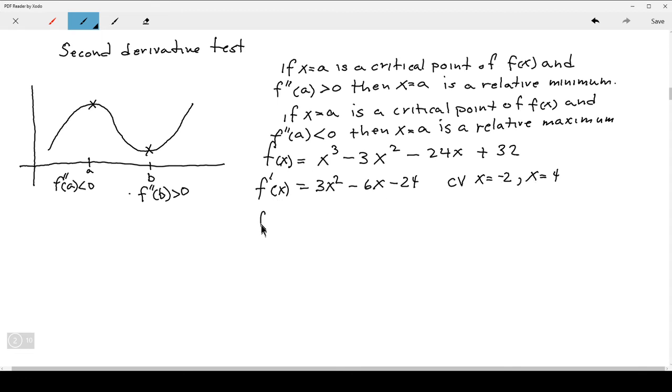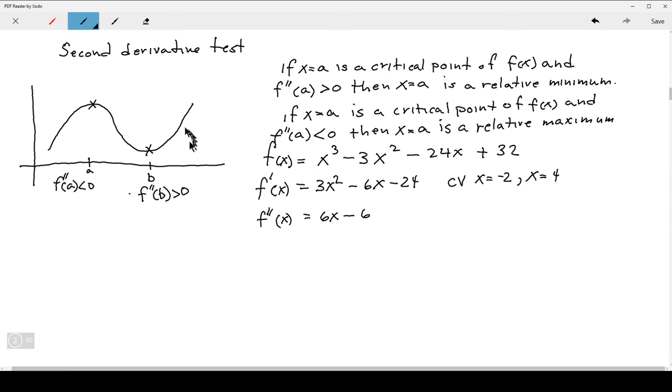All right, then we do the second derivative, which is 6x minus 6. We already know that -2 is a maximum and 4 is a minimum. We figured that out 2 weeks ago. But let's do this now using the second derivative test, rather than having to go through the whole sign line process.